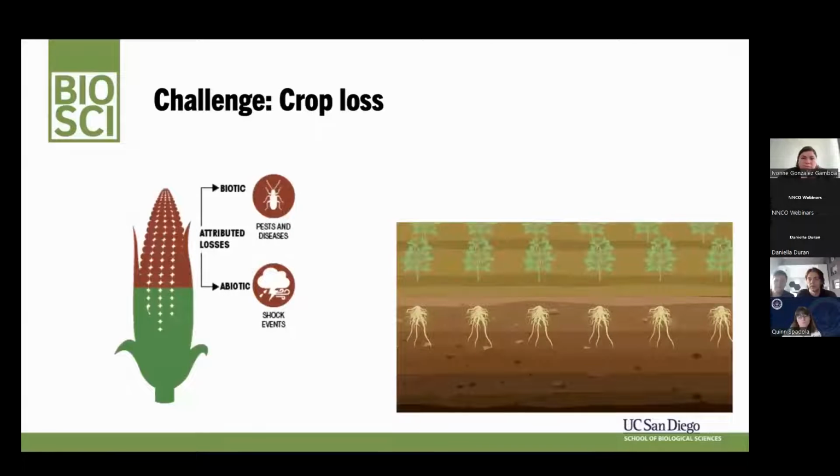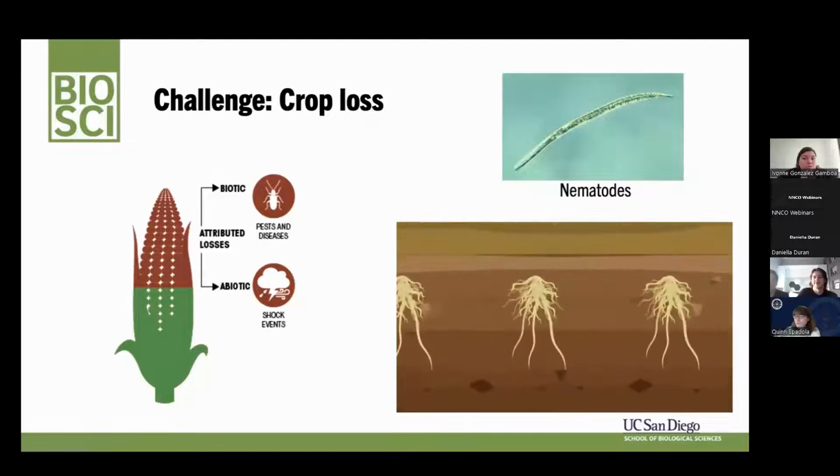One of the biggest challenges faced by agriculture right now is the need for effective pest control. According to the FAO, we lose around 20 to 40% of global crop production due to pests, and 10% of this is due to nematodes alone.